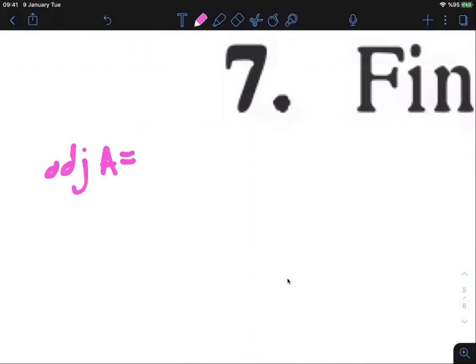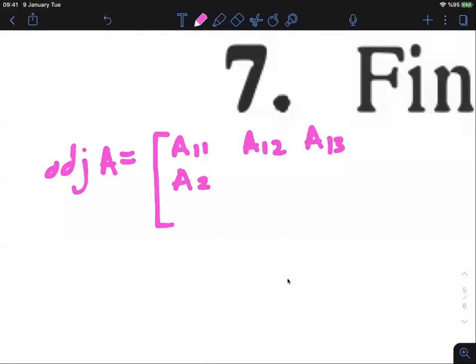So how was it defined? It was defined as the transpose of these cofactors, right?